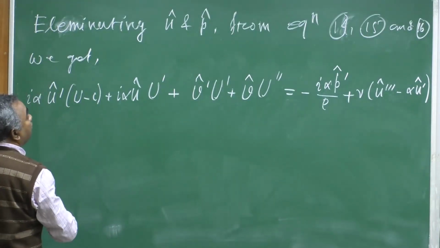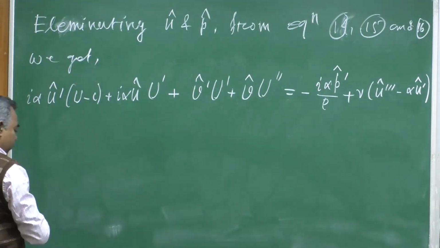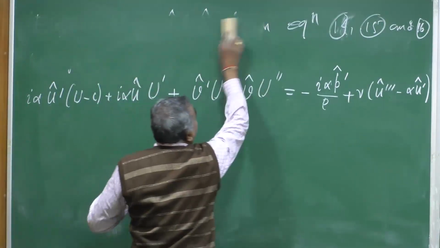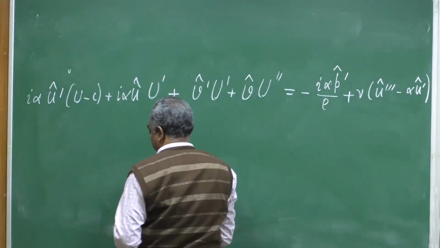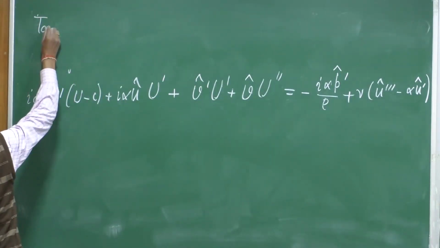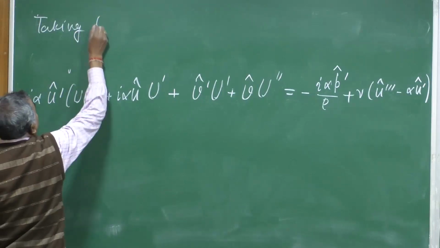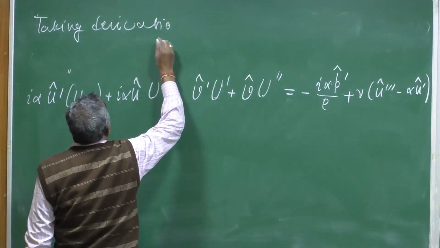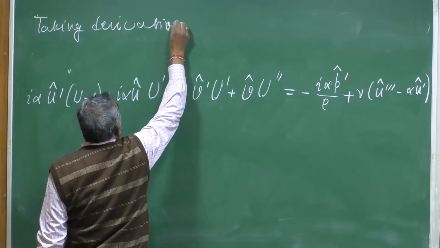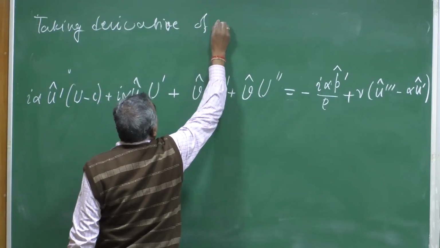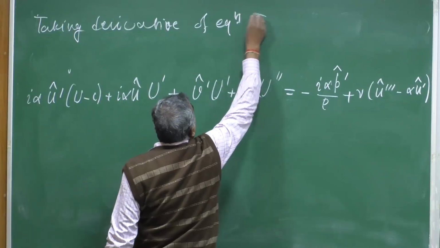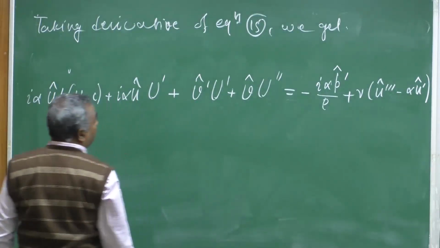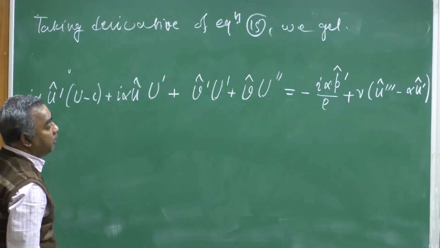So, first, instead of that we should have written, I am sorry, instead of this I should have written, taking... we get, okay. This is what we get after taking the derivative of equation 15.